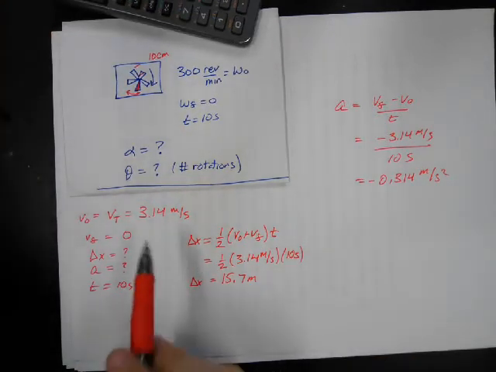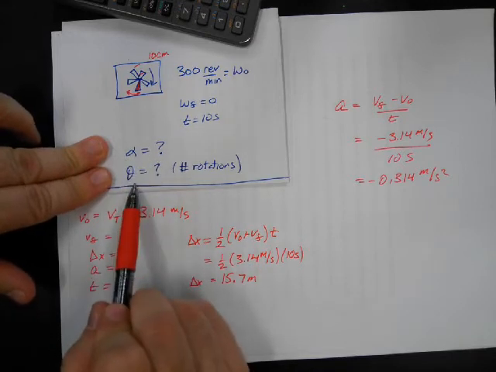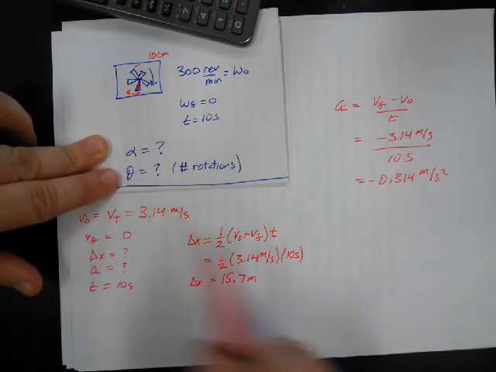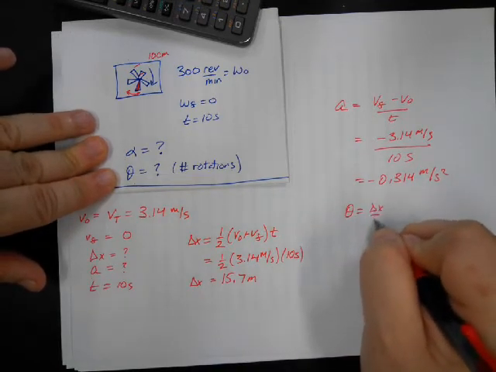So now we'll go and figure out what the angular acceleration and the angular distance are. Theta is delta x over r.